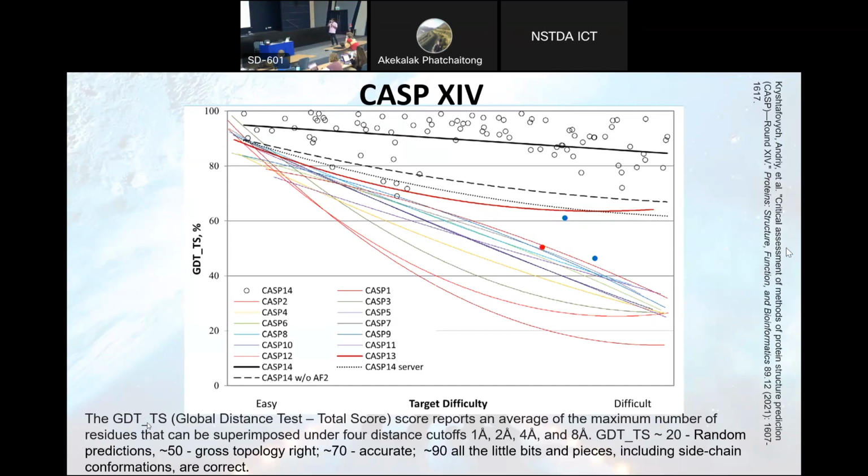And if it is 20, it's random, okay? So initially, for the difficult structures, in 1994, we were getting structures at random. So we should focus on this part. And you see, as time goes, we are improving as a community and so on.